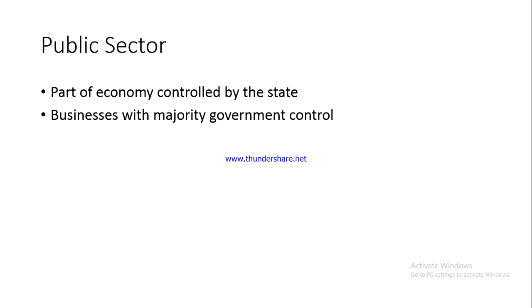However, in all the cases, the stake of more than 50%, that is a minimum of 51%, should be with the government. This is what is meant by majority government control.